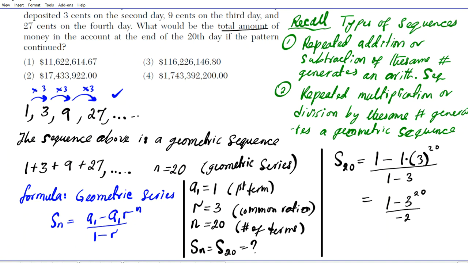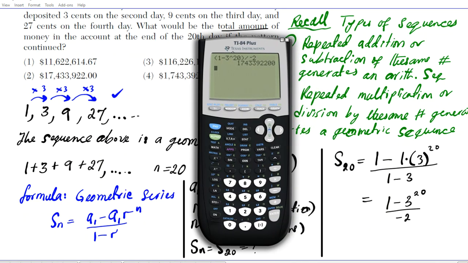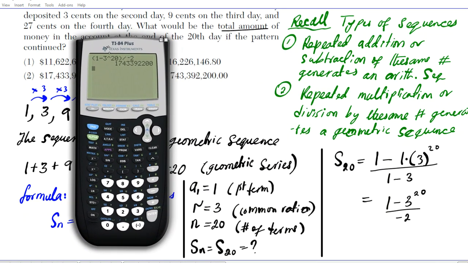Let's see what the final result is. So we are calculating parentheses 1 minus 3 raised to the 20th power divided by -2. And that gives the answer right there. Alright, so let's write down what the answer is.